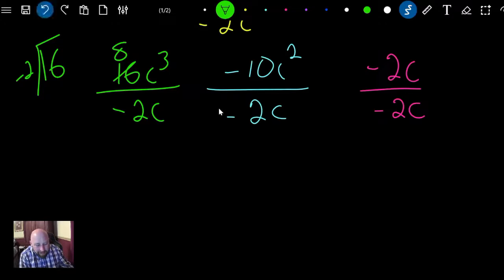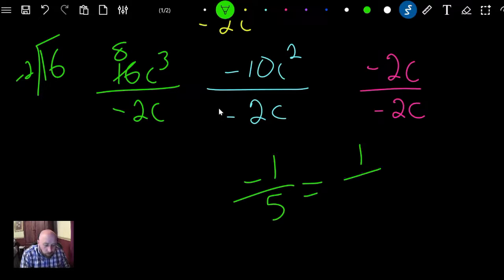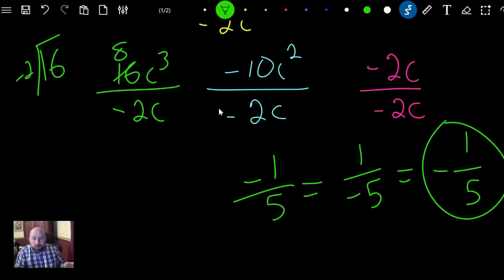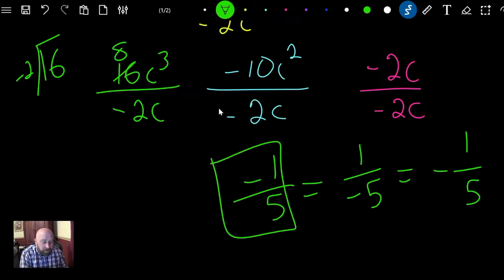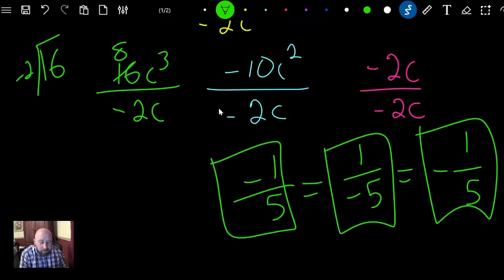You could, but whenever you have a negative, the negative can go with either the numerator or the denominator. In other words, negative 1 over 5 equals 1 over negative 5. There's no difference between those fractions. It also equals negative 1 over 5 with the negative in the middle. As long as you have a negative somewhere in your fraction, it's the same fraction.